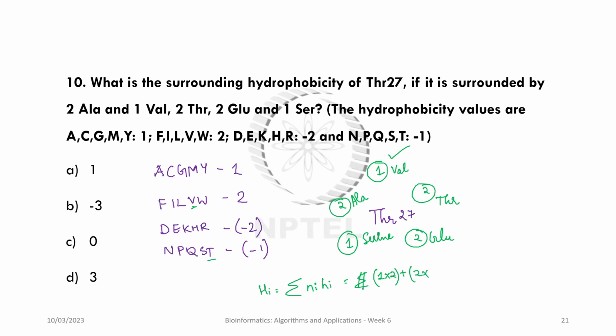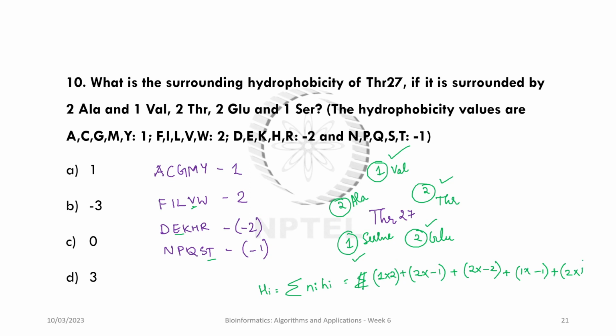Threonine is T, minus 1, plus 2 into glutamate, that would be E, right? 2 into minus 2, plus 1 into serine, that will be S, which is again minus 1, plus 2 into alanine.